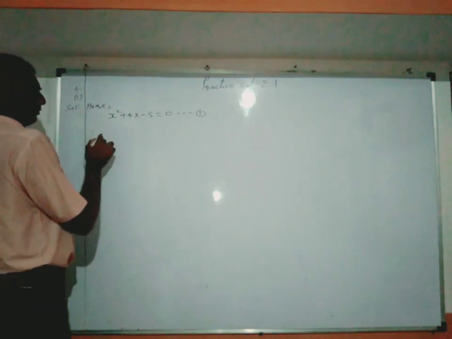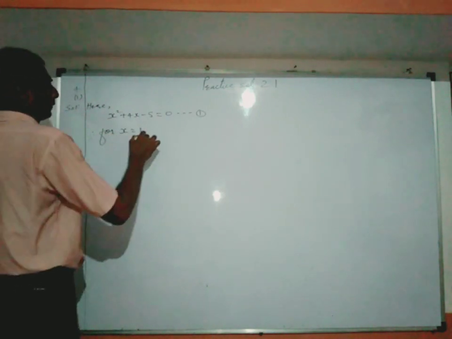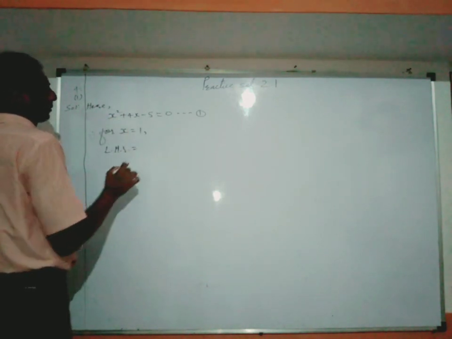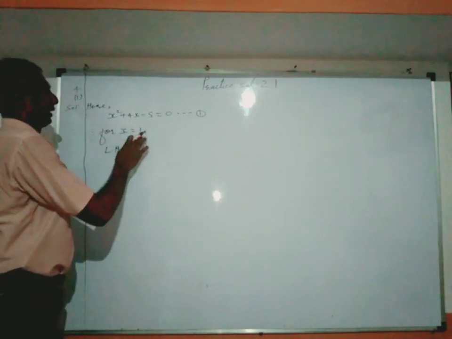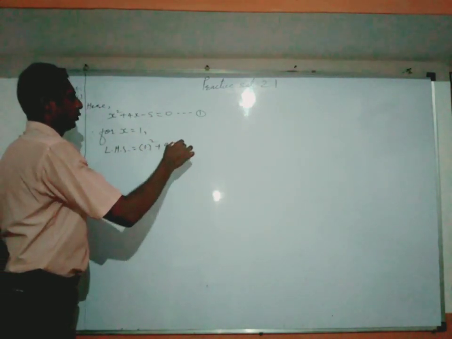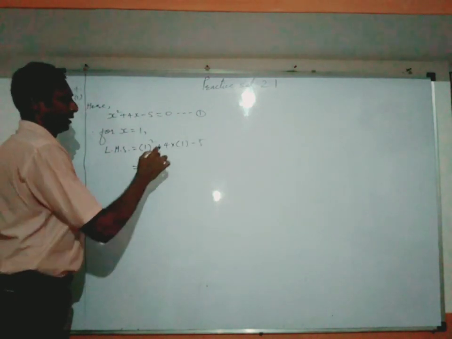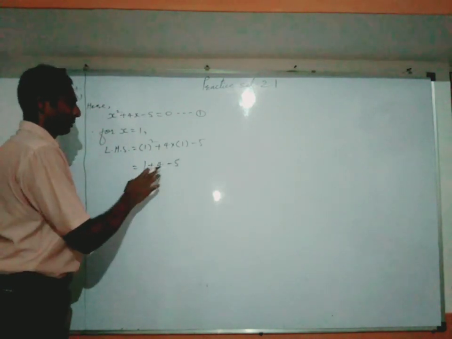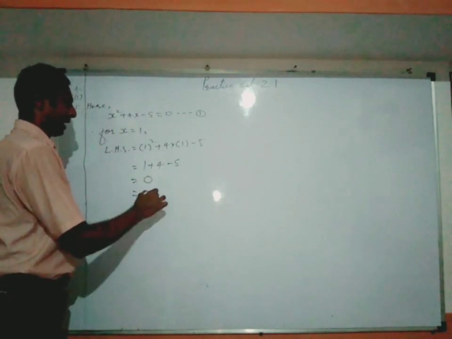And therefore, for x equals 1, LHS is x square plus 4x minus 5. Here we are going to put x as 1, and therefore LHS will become 1 square plus 4 into 1 minus 5. 1 square is 1 plus 4 into 1 gives us plus 4 minus 5. 1 plus 4 is 5, 5 minus 5 gives us 0, which is RHS.